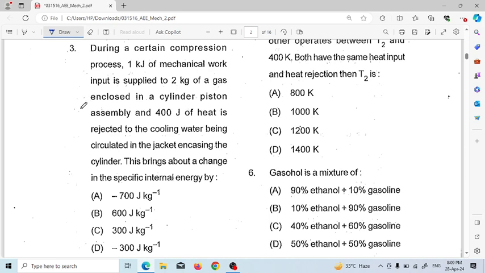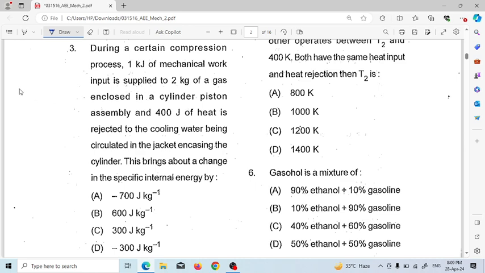Next question. During a certain compression process, 1 kilojoule of mechanical work input is supplied to 2 kg of gas enclosed in a cylinder piston assembly, and 400 joule of heat is rejected during cooling, with water being circulated in the jacket encasing the cylinder. This asks for the change in the specific internal energy. So 1 kilojoule of mechanical work input is supplied.